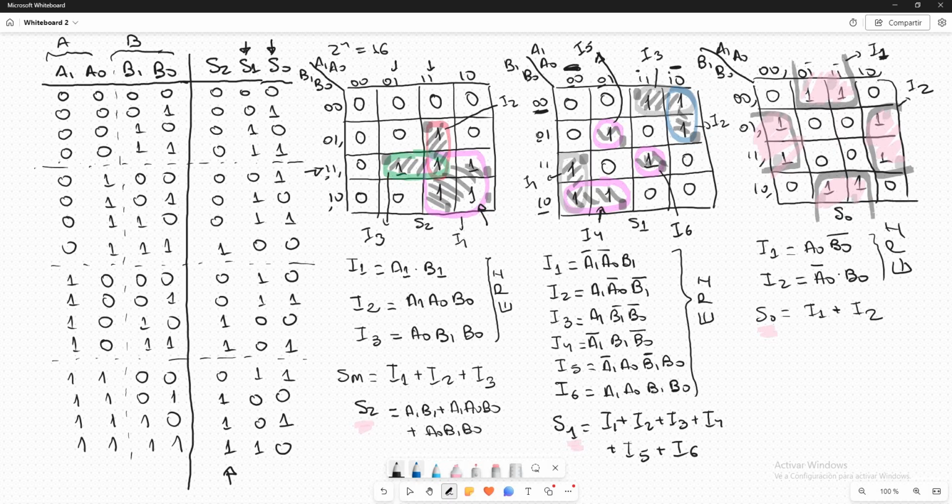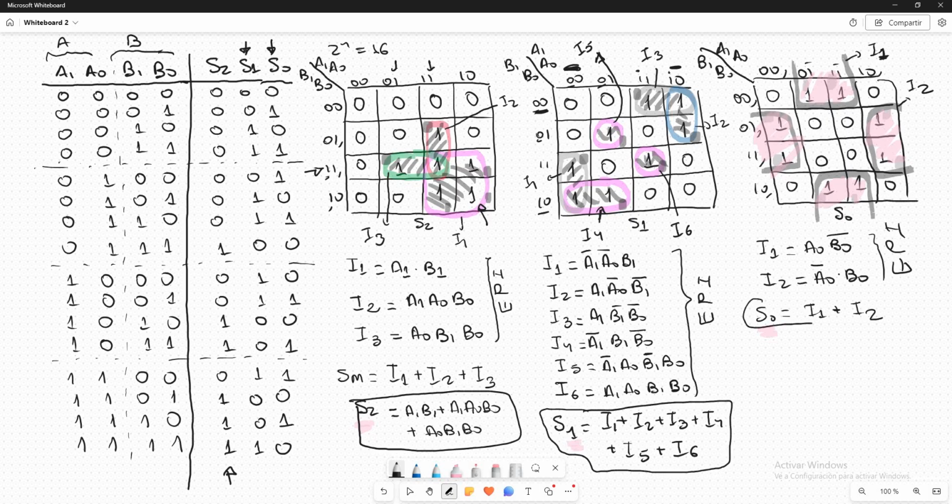You have to translate every expression into a logic circuit, so the output is going to be formed by 3 logic circuits. Since I don't have space here, I'm just going to draw the smallest one.